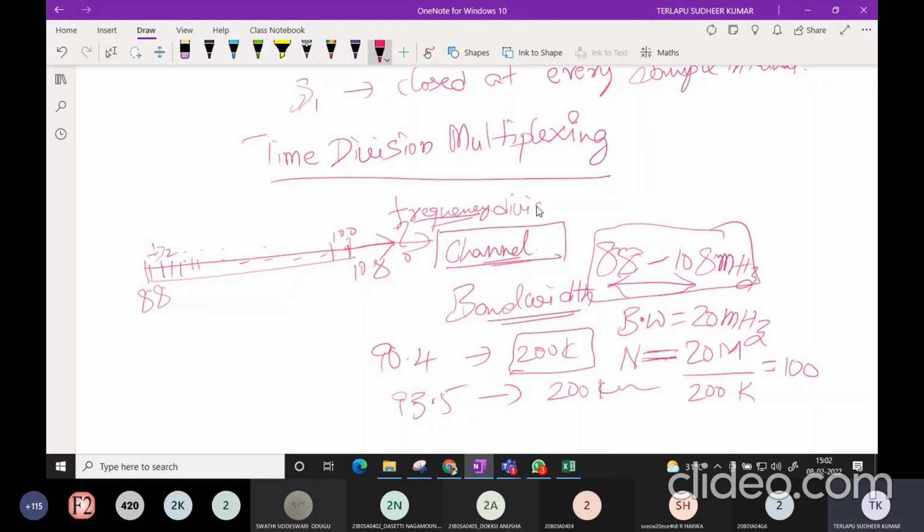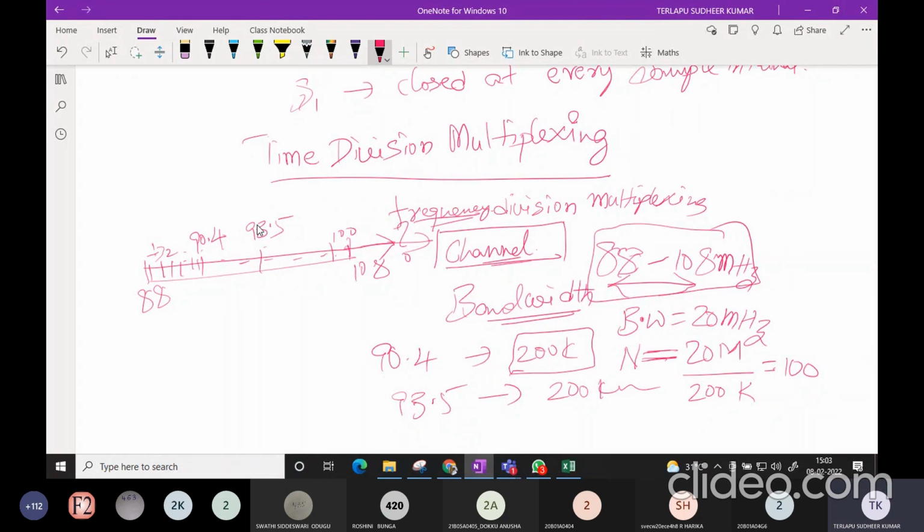and this type of thing is called frequency division multiplexing, because somewhere here I got 90.4 megahertz, somewhere here I got 93.5 megahertz. Now in your radio receiver on your mobile, you tune to 90.4, you can listen to 90.4 megahertz.